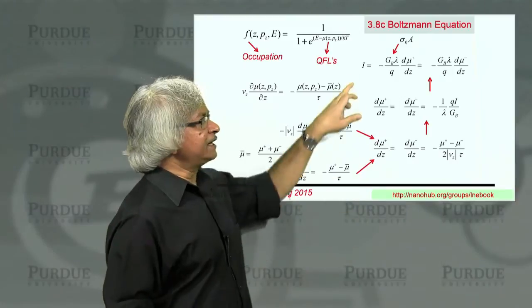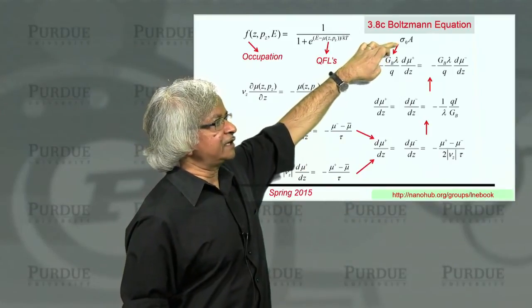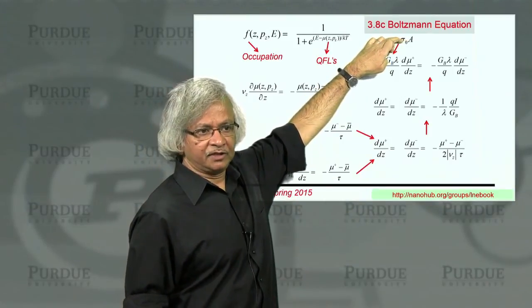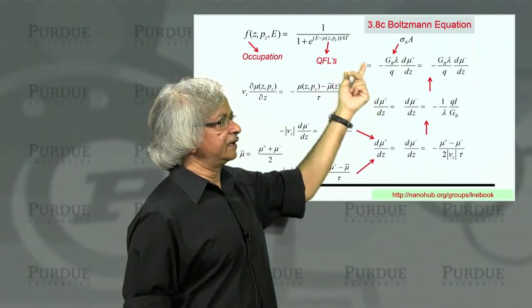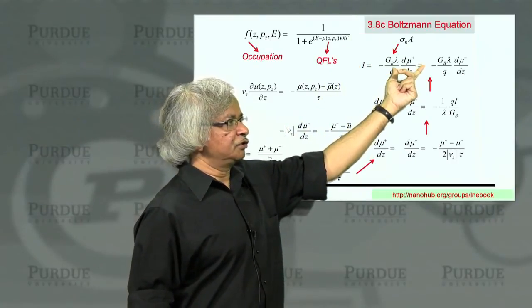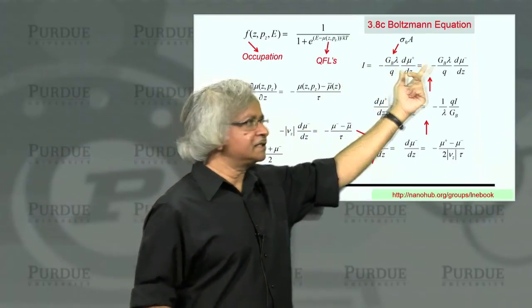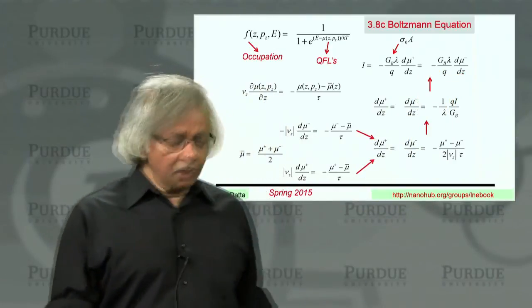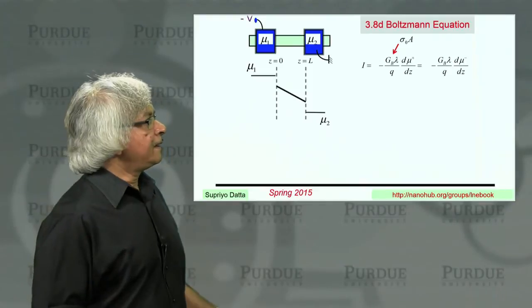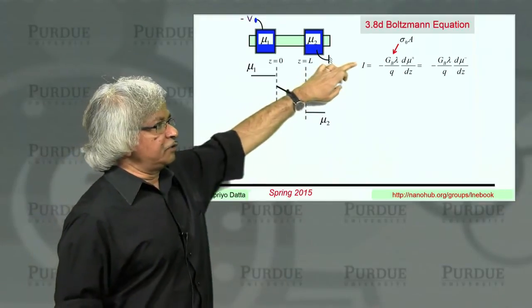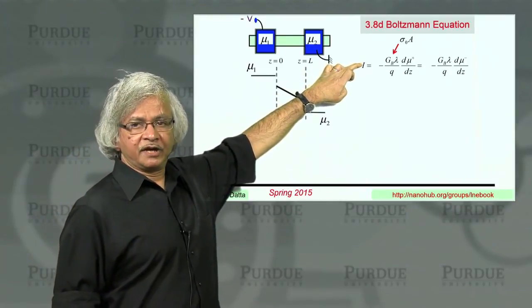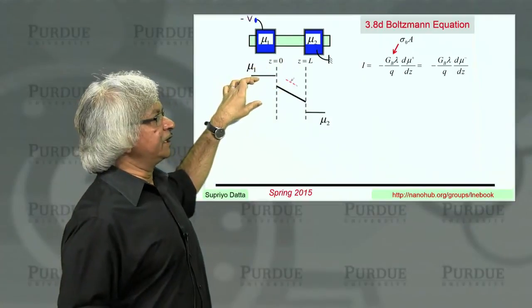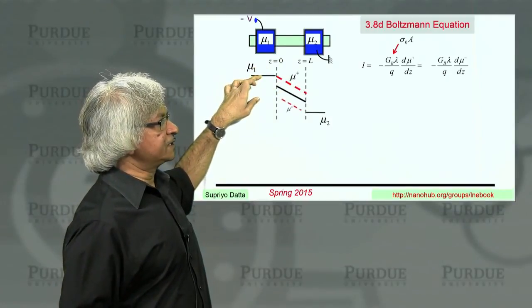If you notice that this G_B lambda is actually conductivity times the area. So basically then current is proportional to the slope of the mu plus or the slope of the mu minus. So you could say that, well, we can now solve this equation using the boundary conditions at the two ends.